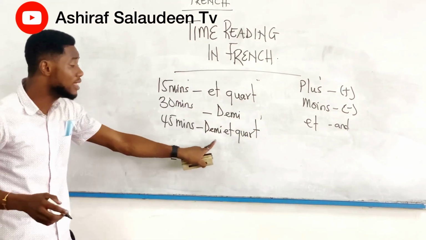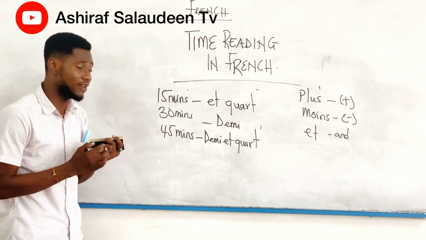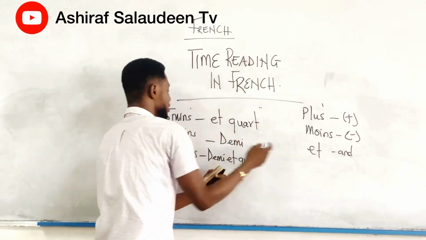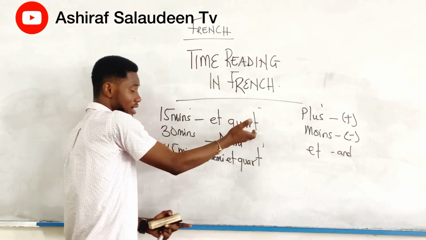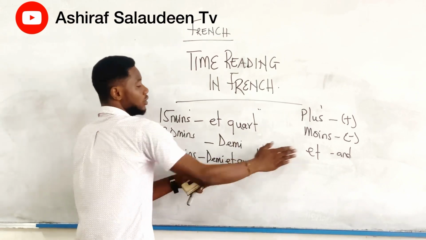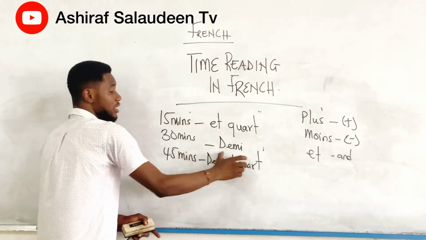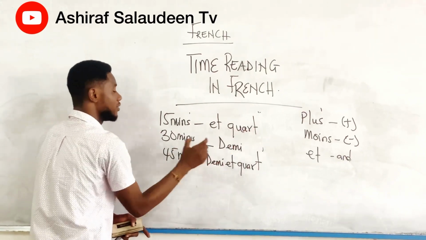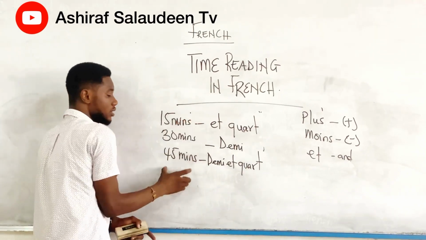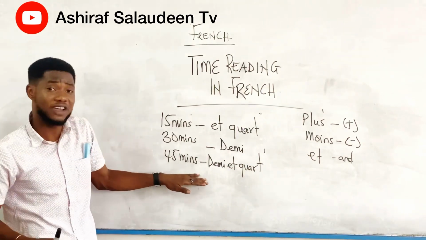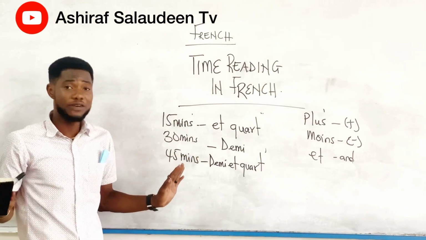Now if you say demi et quart, it means 45. Demi is 30 minutes, et is and, and 15 is quart. So demi et quart: 30 and 15, which is 45. This is another way they can tell you. If they tell you 45 minutes in this form, it is very simple.